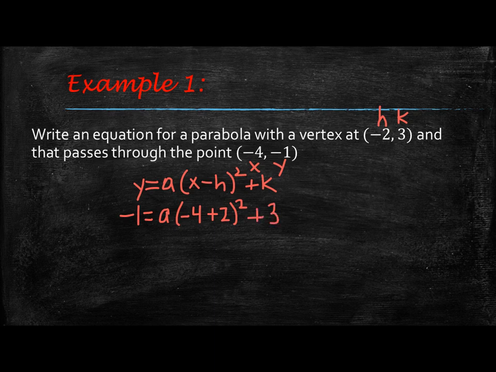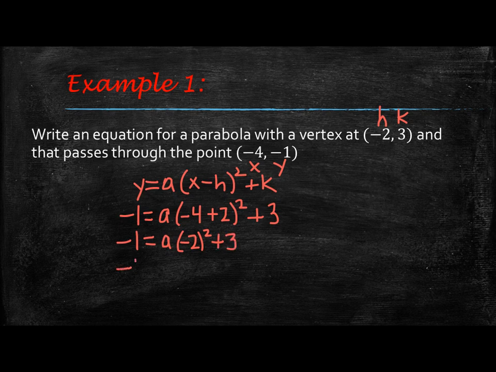Now let's go ahead and solve for our unknown, which is a. We're going to bring down the -1 equals a, then we're going to add together -4 plus 2. That gives us -2. So we're going to have (-2) squared and then +3.